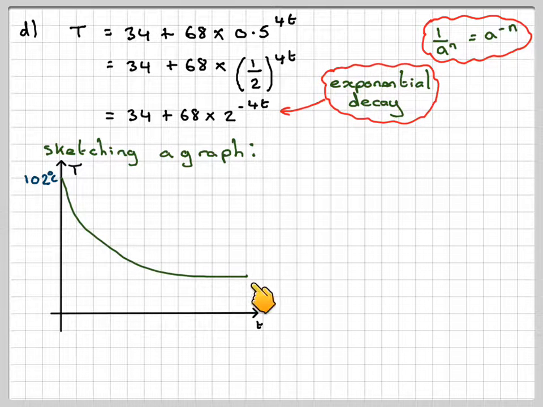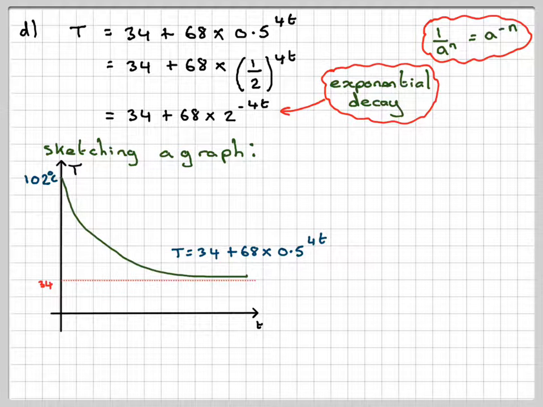Now eventually it will get down to this being a half to the power of infinity, and then 2 to the power of minus infinity is like 0, times 68 is 0, so it'll actually get down to 34, and that will become what's known as a horizontal asymptote.